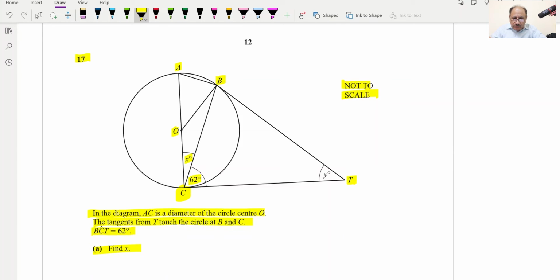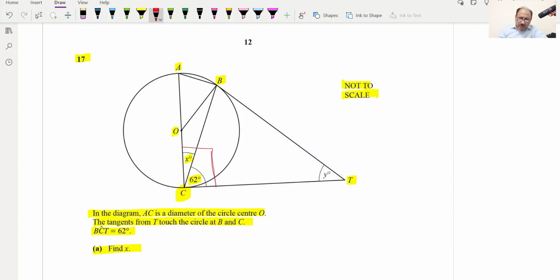What we can do, we know that this angle is 90 degrees. So this angle between the radius and the tangent is 90 degrees.